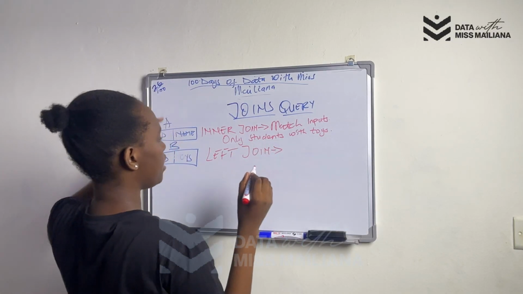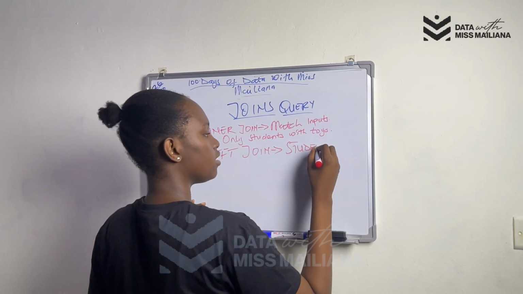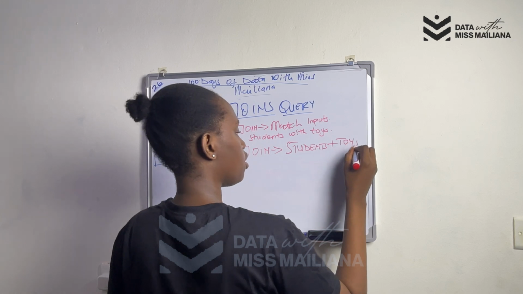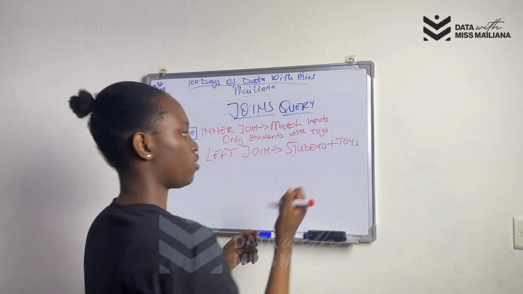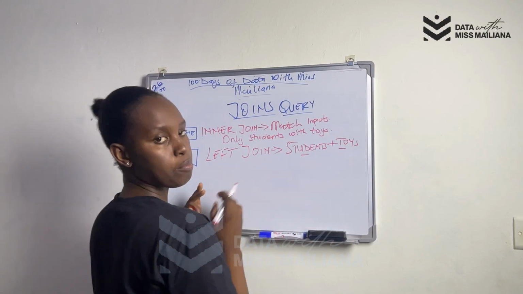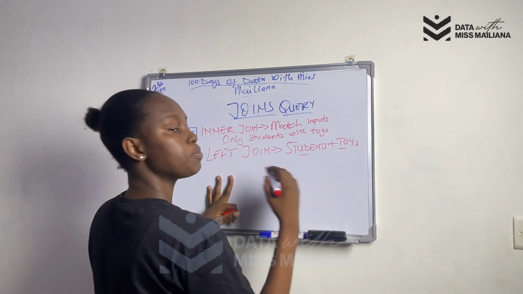Our students table is the left table, students plus toys. So even if a student doesn't have a toy, the student's name will show, but the toy part will be empty.